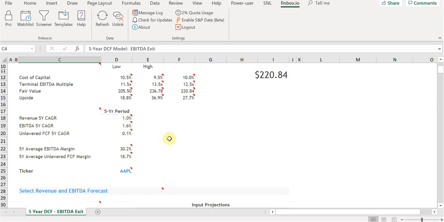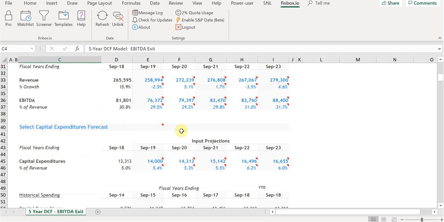From there, you walk down, make adjustments based on cash, debt, short-term investments, any other potential liabilities, to arrive at an equity value, and then build down to a per share value basis.